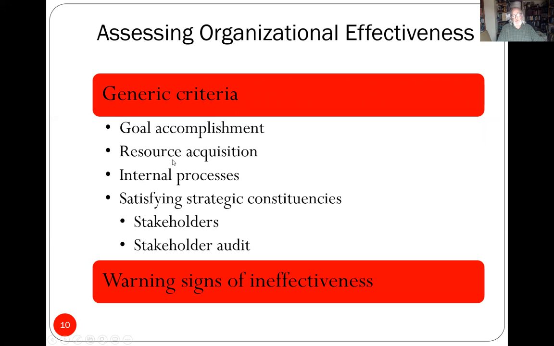Now, when it comes to resource acquisition, here we're focusing on inputs rather than outputs. We're acquiring resources. So the focus is on factors of production, like the raw materials that we need, the labor we need, the capital, and of course, the managerial expertise that we need. We have to get all of those things, they come in the door.